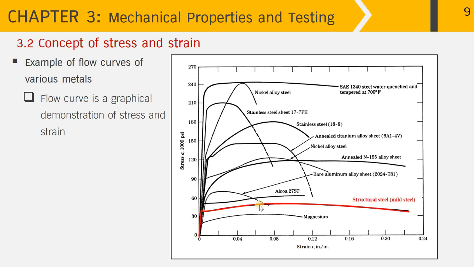First, I introduced you this red curve of the structural steel or mild steel. And you can see that the structural steel doesn't give high stress, but huge amount of strain over here in comparison to other graphs. It means that this structural steel is deformable and can change its shape to various types, and it is good for construction as well.